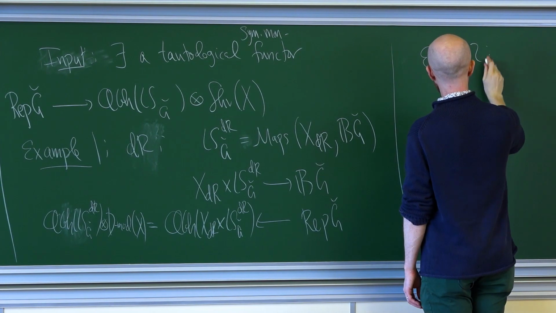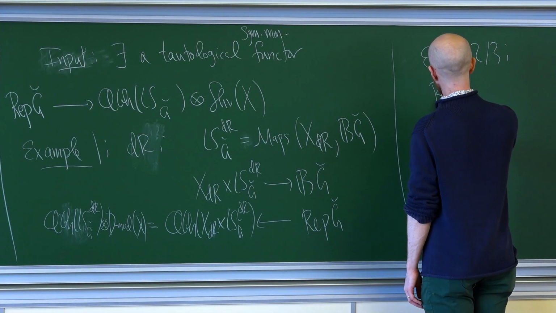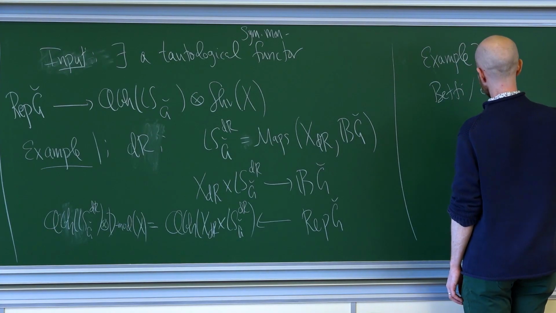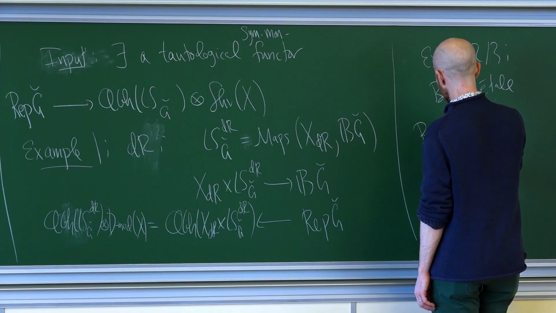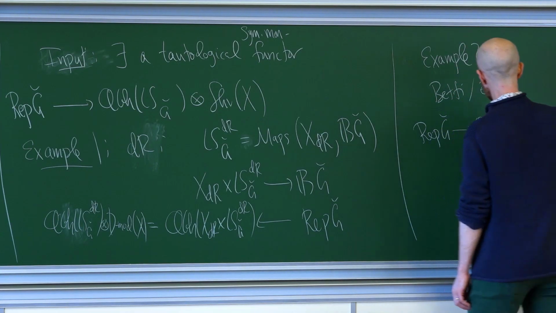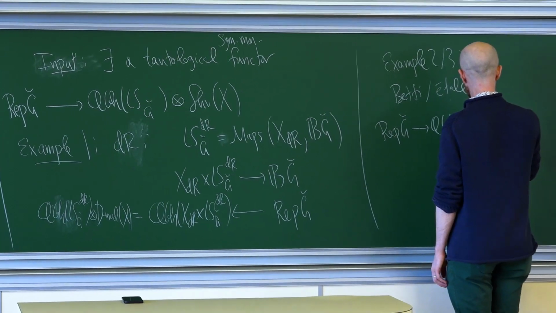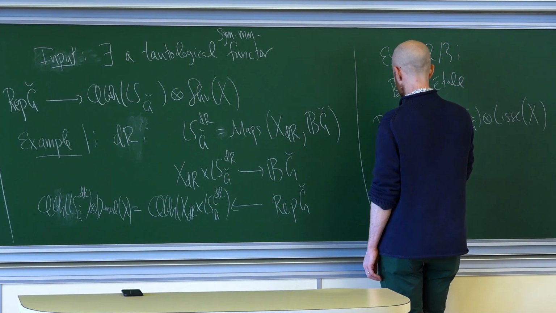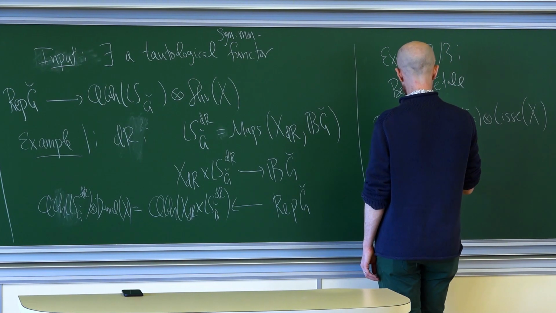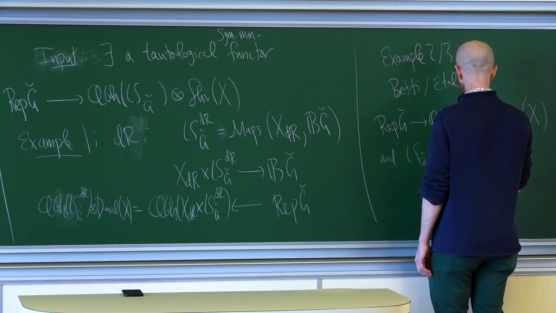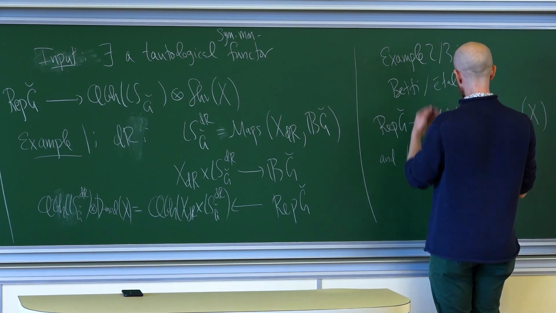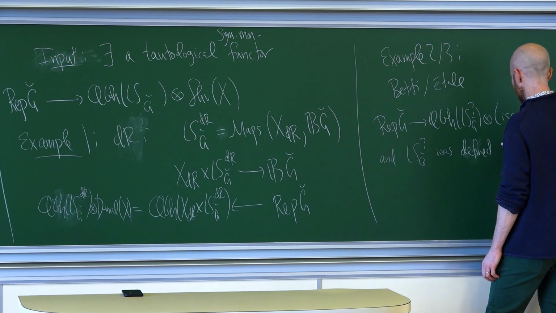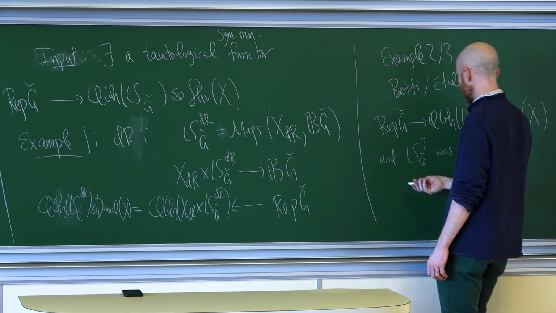Examples 2 and 3 are in the Betti and étale worlds. Actually, I have a functor here from Rep G check to QCoh of LocSys G check tensor local systems on X. And LocSys G check was defined, in the étale world, to be universal for receiving such a functor.